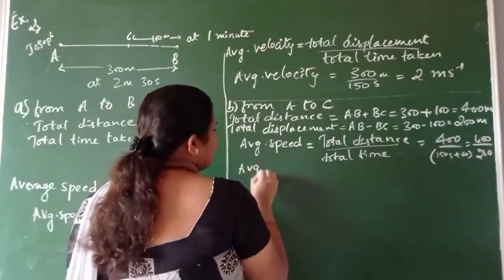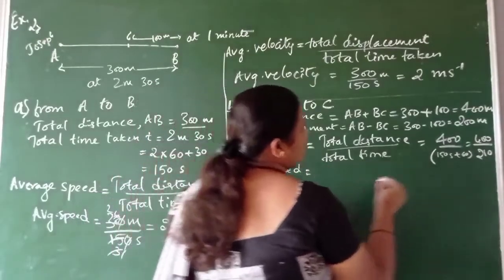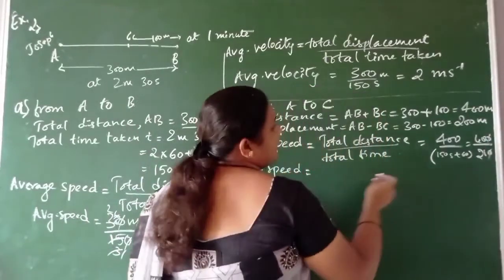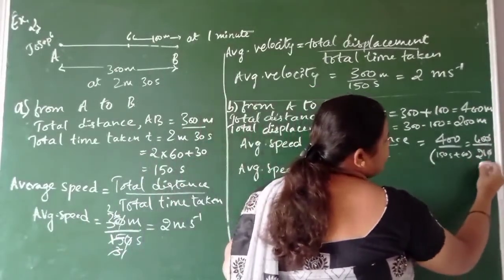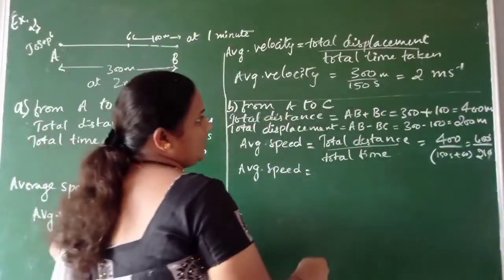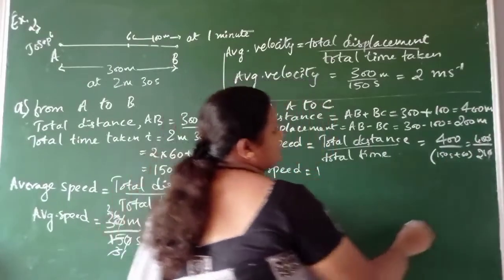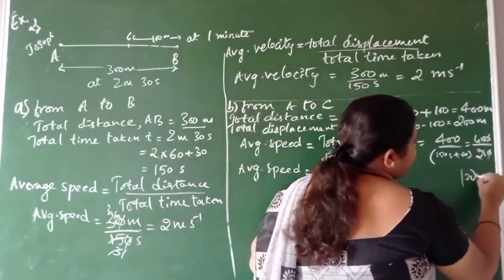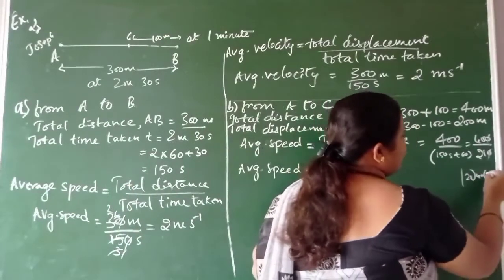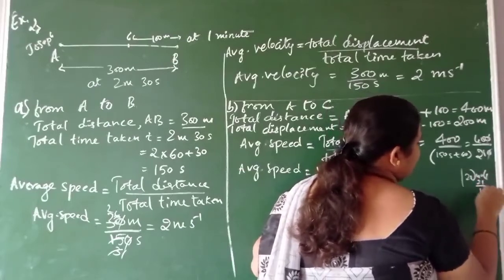So average speed is 400 over 210, the zeros get cancelled, then 40 divided by 21. 21 goes into 40 once, 40 minus 21 is 19.